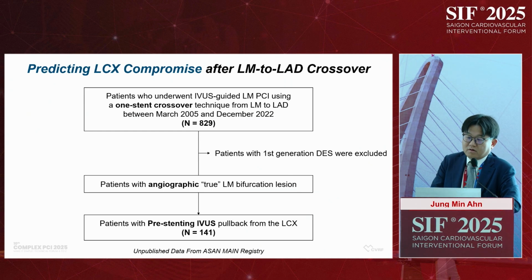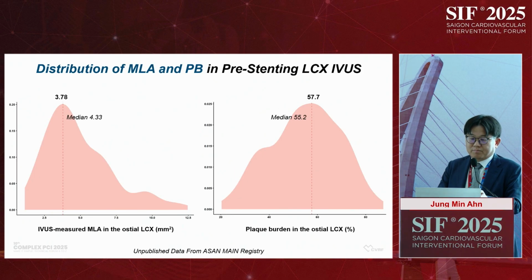From the registry of simple crossover stenting, we only enrolled patients who had IVUS data pulled back from the circumflex to the left main ostium. So we tried to predict circumflex compromise after left main to LAD crossover. After simple crossover stenting, in the circumflex ostium, the median minimal lumen area was 4.3 and plaque burden was 55.